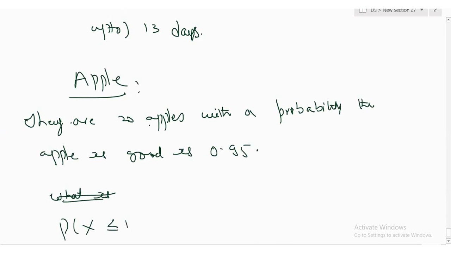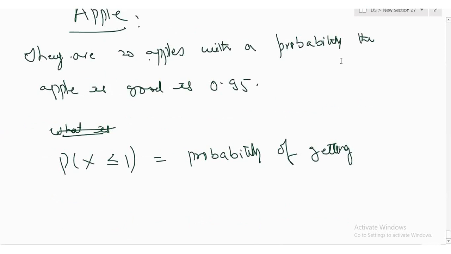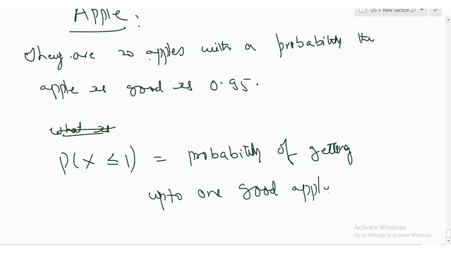X equal to, what is the meaning of this? Probability of getting up to one good apple and the rest of the apples are bad.